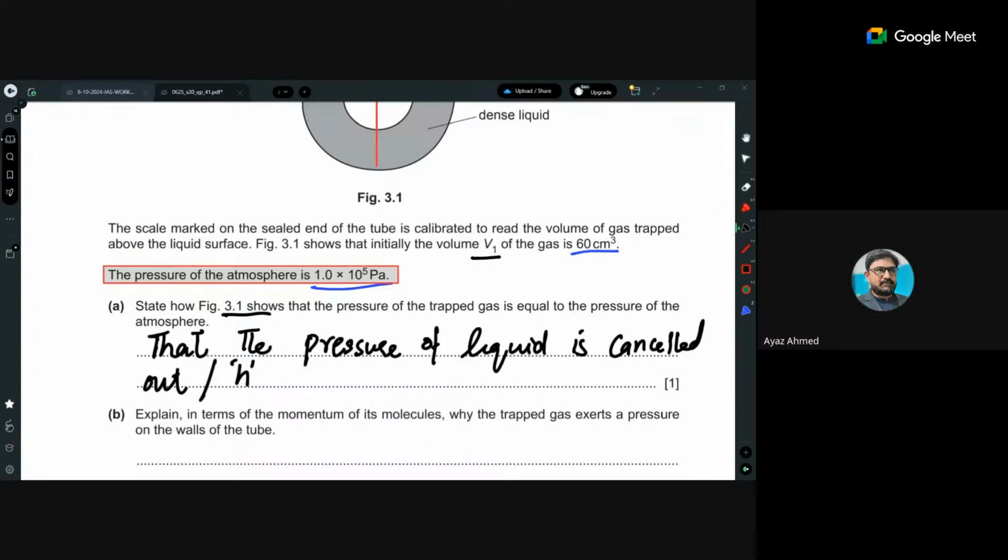This is the second answer: height of liquid is same on both sides. So the density, the pressure, all of these things are involved in it.